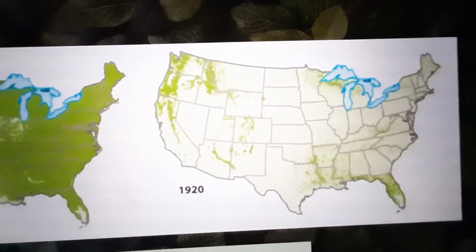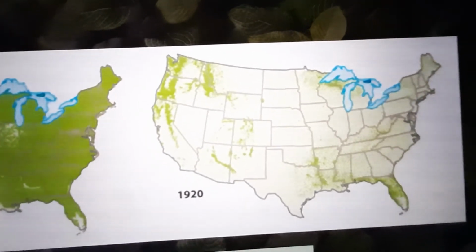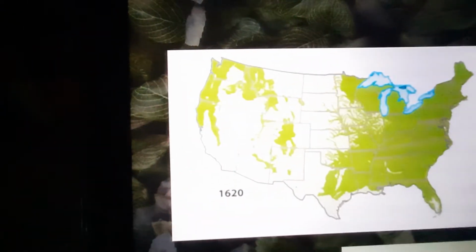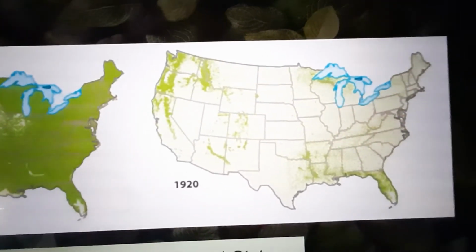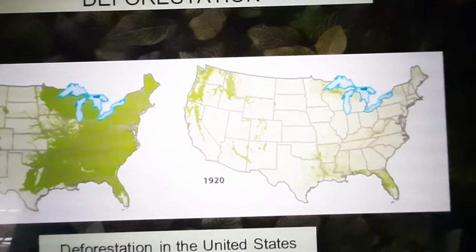And then some of the area that was still left was over in the northwest, still around Yellowstone. And then if I flip back over here, even though there was quite a bit left up there, it was still much less than it had been 300 years before.